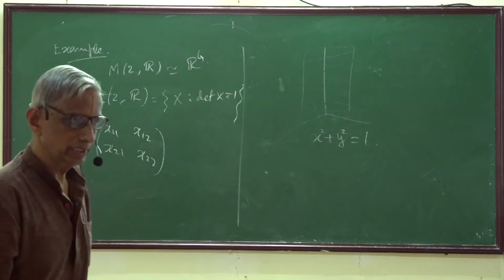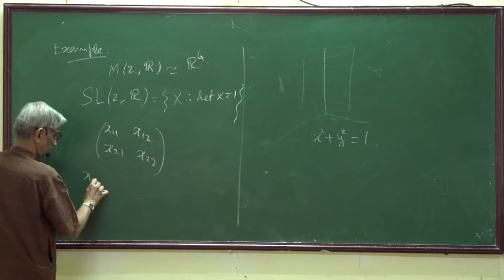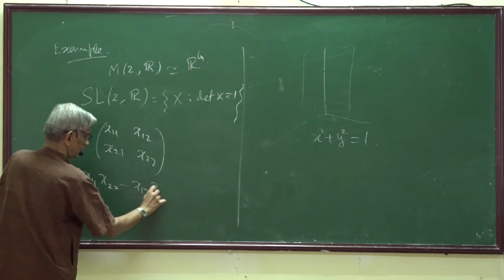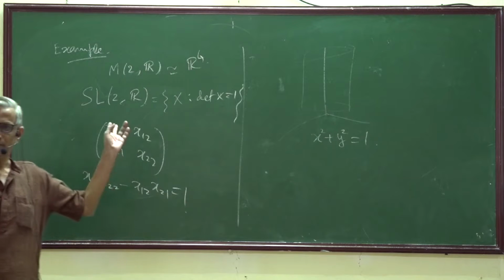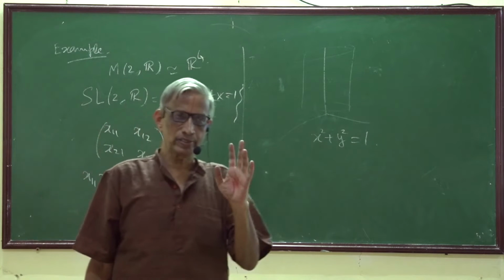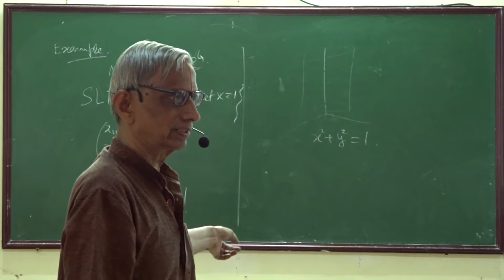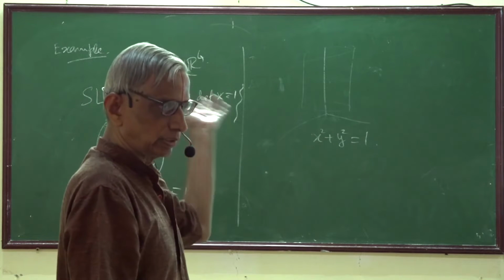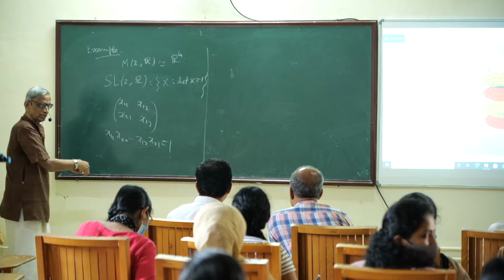So, what is the determinant? 2 by 2 matrix. So, x11, x22 minus x12, x21 equal to 1. So, you can think of this as all points in R4 satisfy this condition. So, this is a 3-plane in R4. This is a level surface, right?